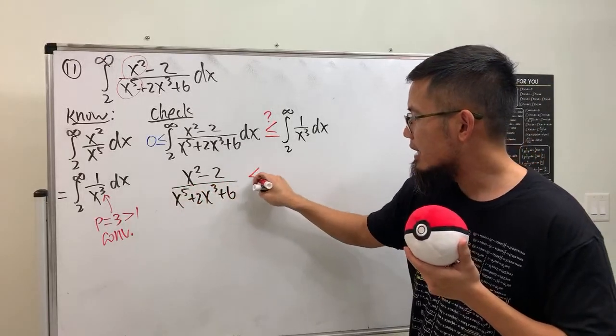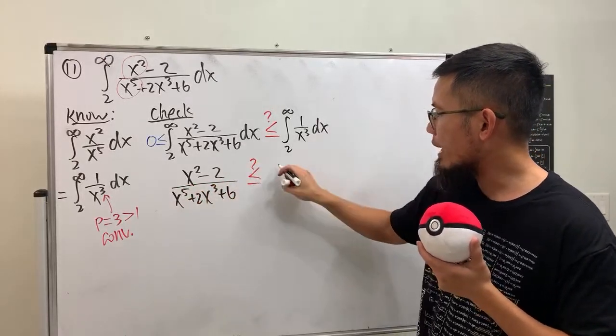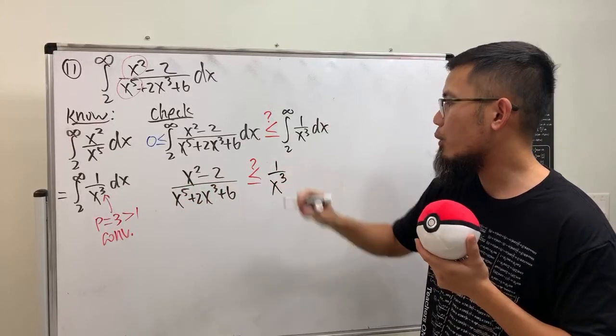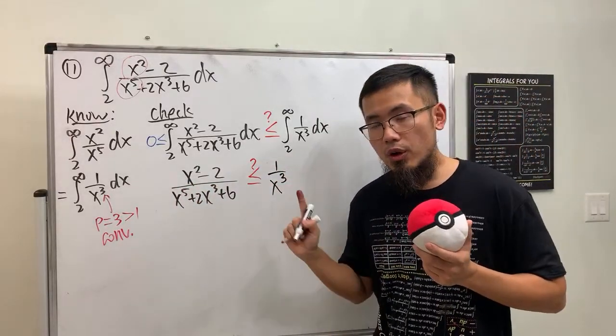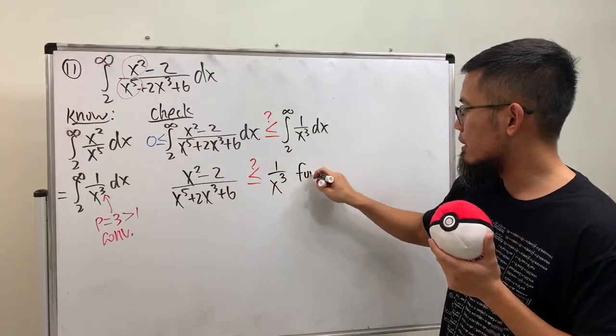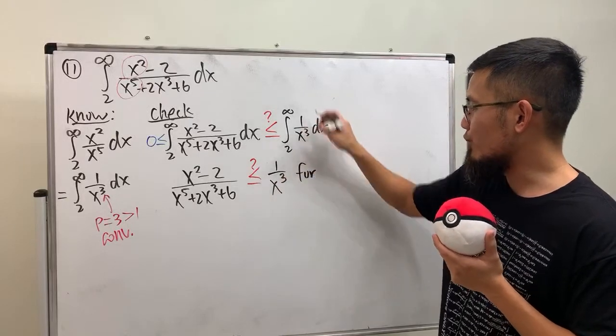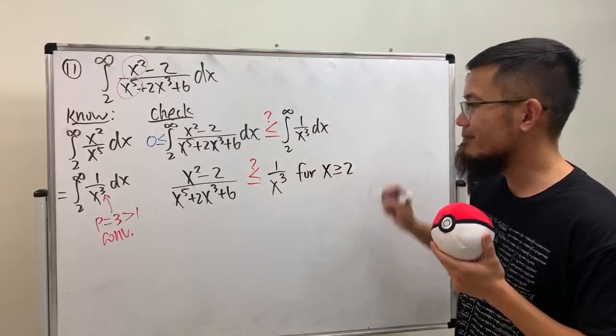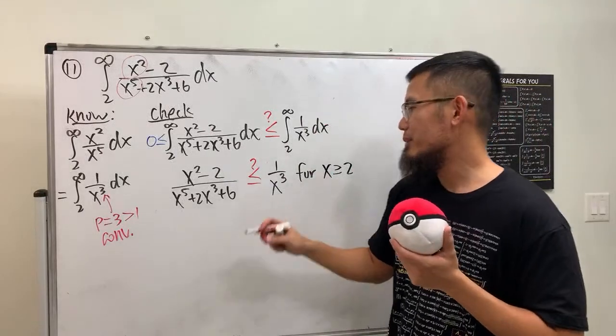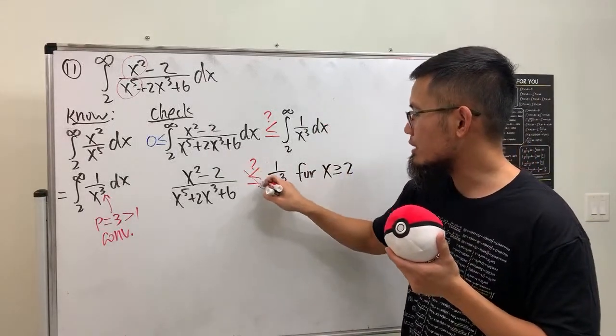Is this less than or equal to 1 over x to the third power? And we just care about when x is going from 2 to infinity, so x is greater than or equal to 2. Now, because everything is positive, we can cross multiply.